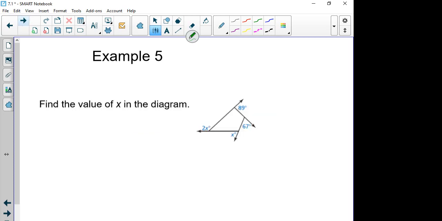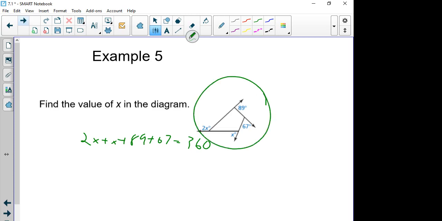So let's go off of that. Right here we have 4 angles, a 4-sided shape. We know that 2x plus x plus 89 plus 67 must add to 360, because we're going around the outside of the shape. So I'm going to join like terms: 3x plus 89 plus 67 is 156 equals 360.